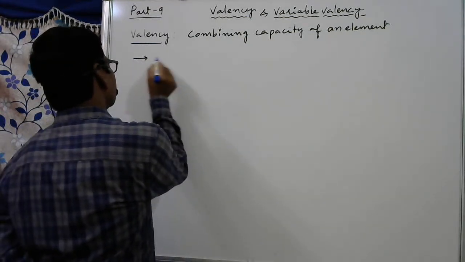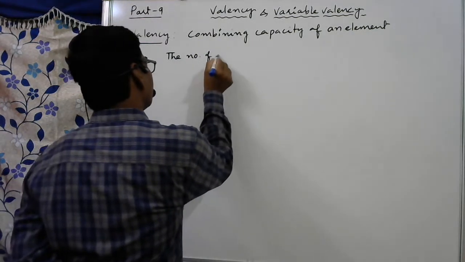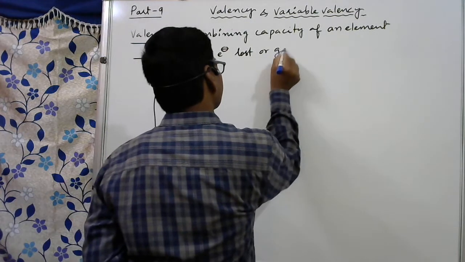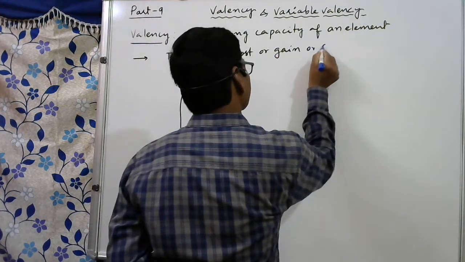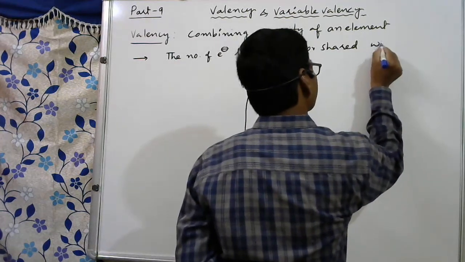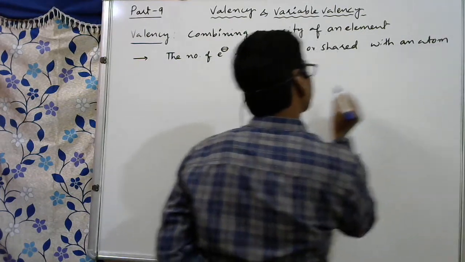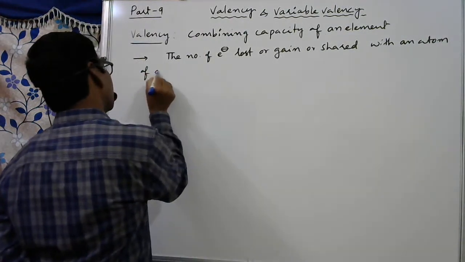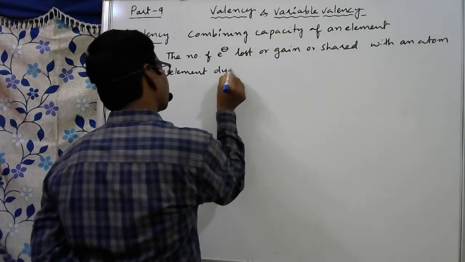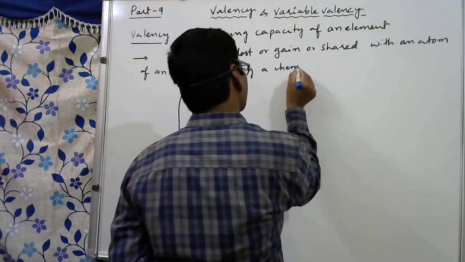The first one is the number of electrons lost or gained or shared by an atom of an element with an atom of an element during a chemical reaction or chemical bond formation.